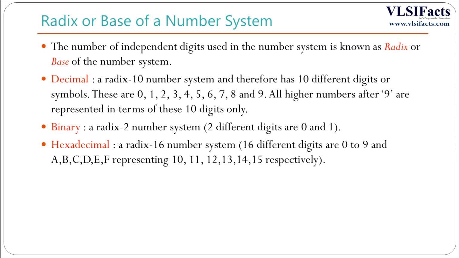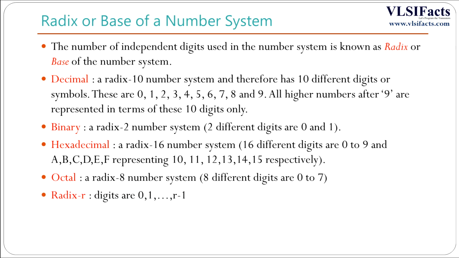That means 10 is represented by A, 11 by B, 12 by C and so on. Octal has radix 8 including digits from 0 to 7. So for a radix R or base R number system, the digits are 0, 1 up to R minus 1.